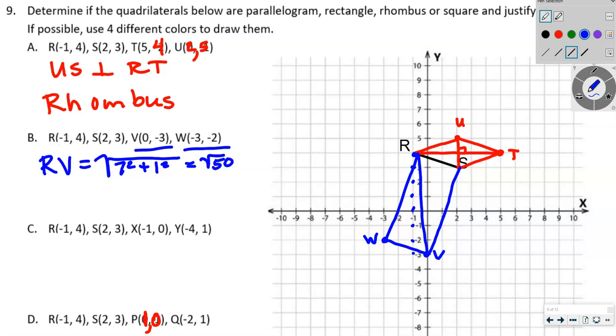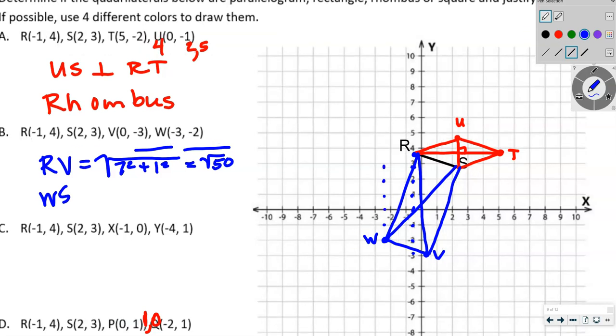And what we want to do is compare it with the other one, okay? So now we're going to compare it with WS right here. So we're going to look at the length of WS. With WS, I'm going up 1, 2, 3, 4, 5, and over 1, 2, 3, 4, 5.